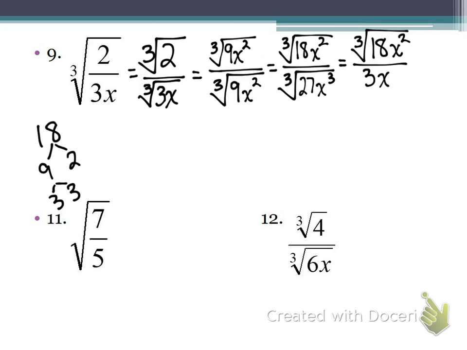No, that is the whole point of rationalizing, is that we don't have a radical in the denominator anymore. So there's our answer. Nothing is going to simplify. Everything in our numerator is underneath a radical, and nothing in the denominator is under a radical. So nothing can simplify there.